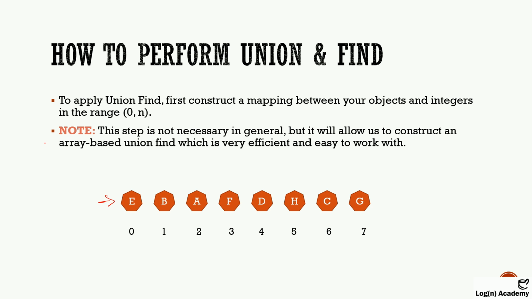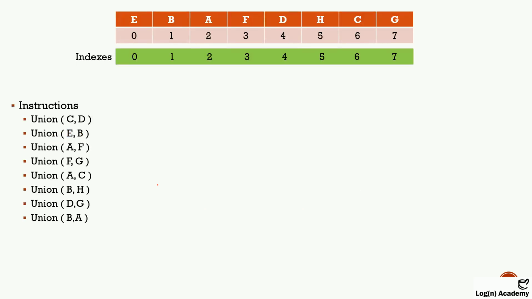So here I have a note. This step is not necessary in general, but it will allow us to construct an array-based union find, which is very efficient and easy to work with. Now let's move towards its operations. As you can see, I have numbers, I have elements, and I have their related numbers.